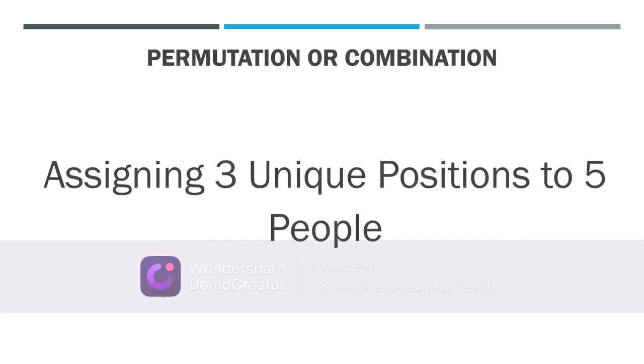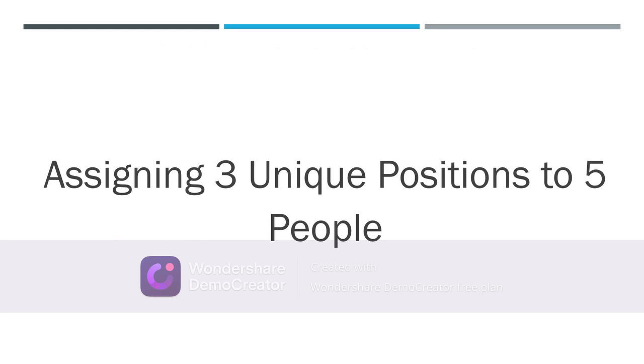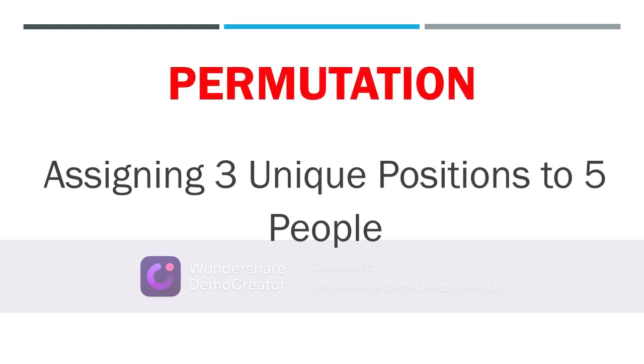Assigning 3 unique positions to 5 people. So we are only assigning 3 unique positions to 5 people. This is permutation. The order of assignment matters because each person will have a unique position. So kung iibahin natin yung positions, for example, si person A nasa first position, si person B nasa second position, creates a different outcome.